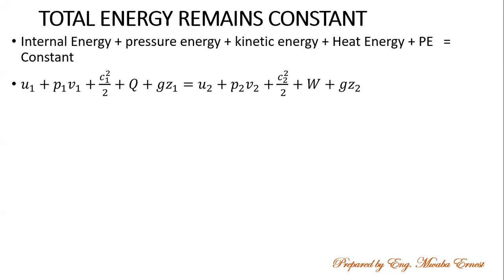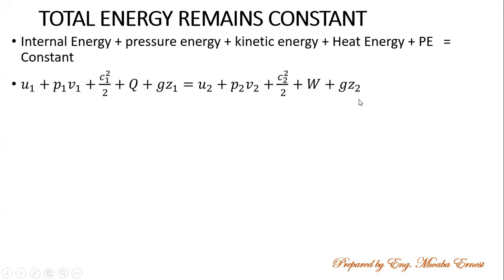So now, when you say this is constant, it means when we consider two positions, position 1 and 2, the total should remain the same. Meaning, when this working substance is at point 1, the initial internal energy is U1. We have P1, V1, then there's C1, which is velocity 1 squared over 2, added to heat energy, and then that product.